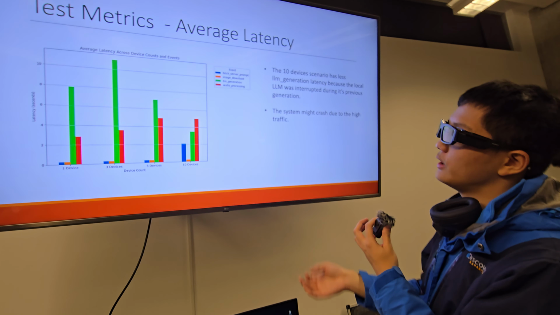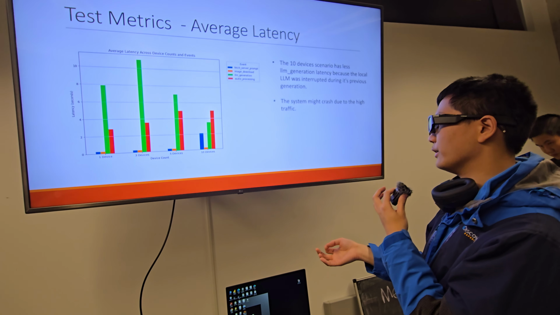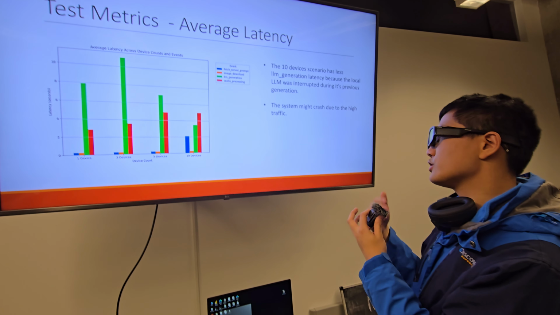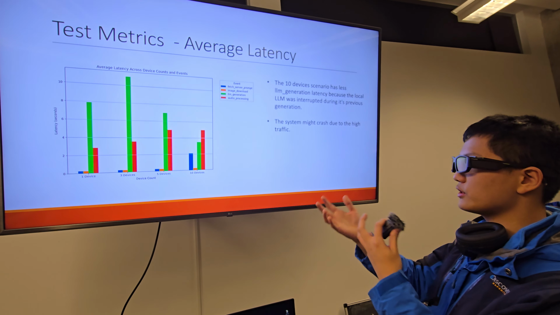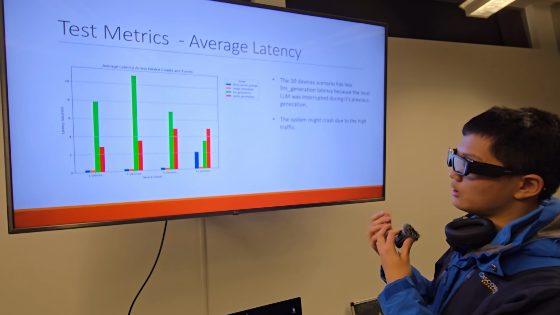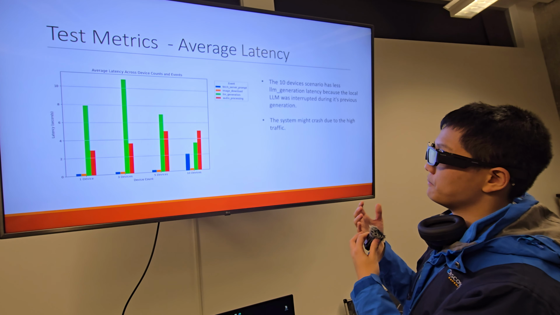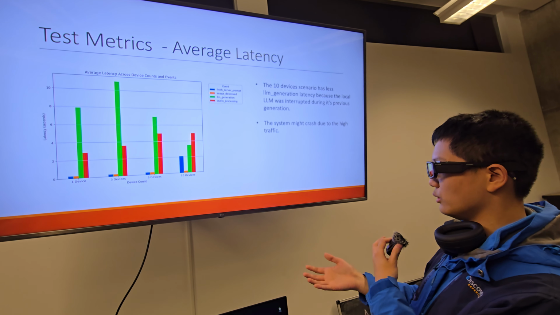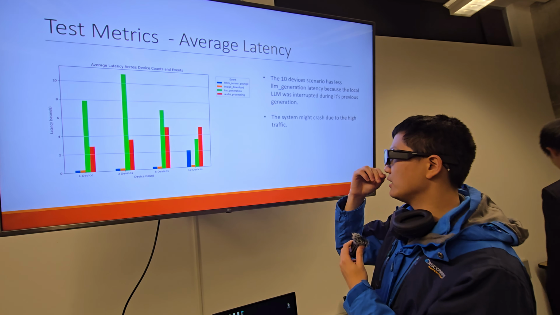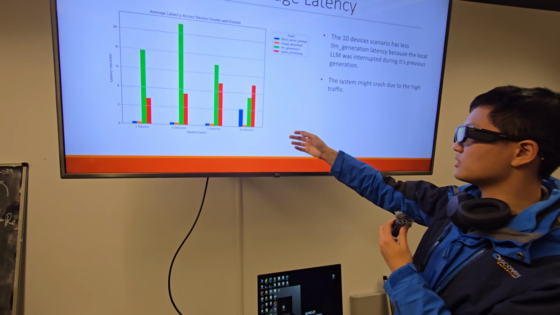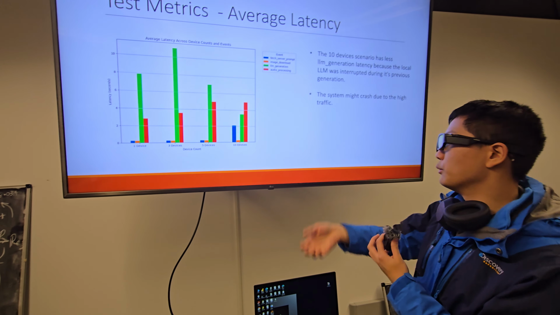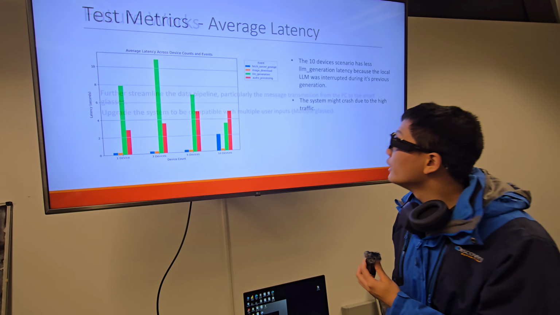In the multiple device scenario, it hadn't even finished generating the previous prompt when another new prompt came in, so it had to start processing the new prompt anew. That's why the 10 devices latency is actually lower than with one device.